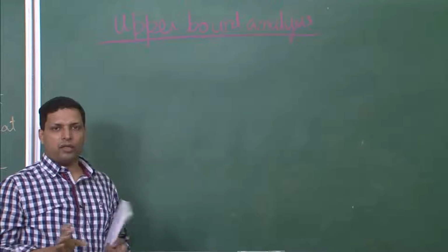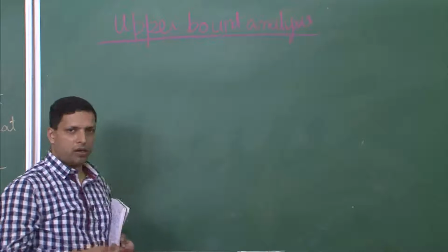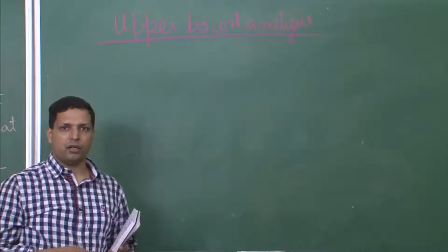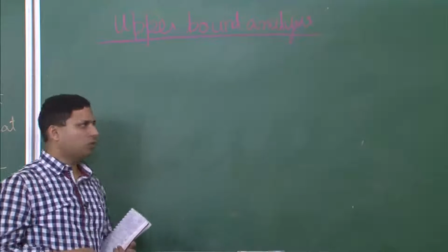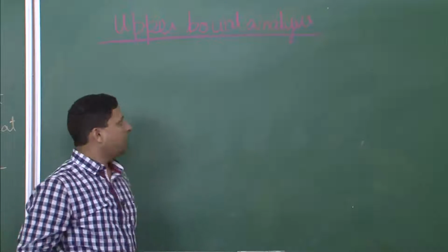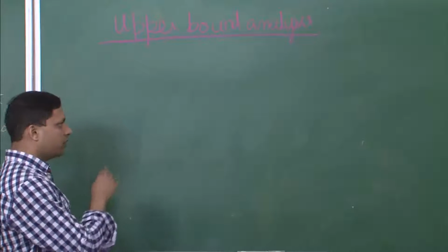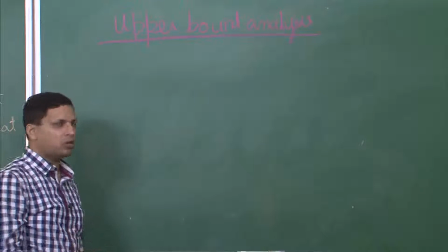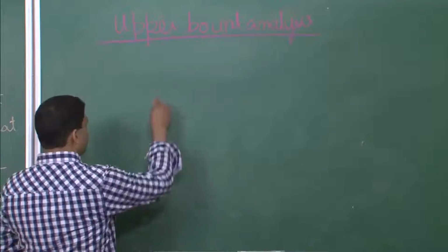Now we equate these two, the internal deformation rate and the external work rate. From this we are able to obtain a pressure or stress value which gives us the upper value for this kind of operation.